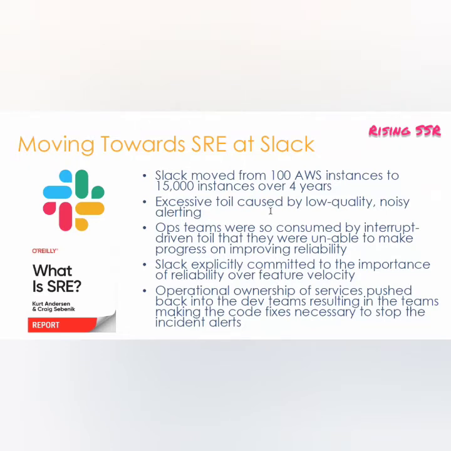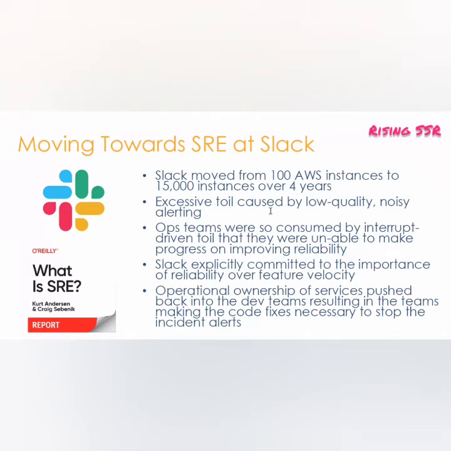Ops teams were so consumed by interrupt driven toil that they were unable to make progress on improving reliability. Slack explicitly committed to the importance of reliability over feature velocity. Operational ownership of services pushed back into the dev teams, resulting in the teams making the code fixes necessary to stop the incident alerts.